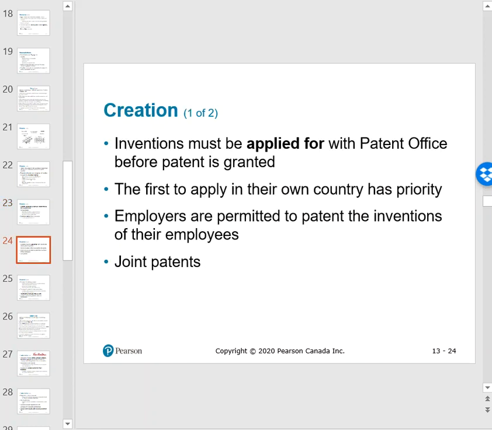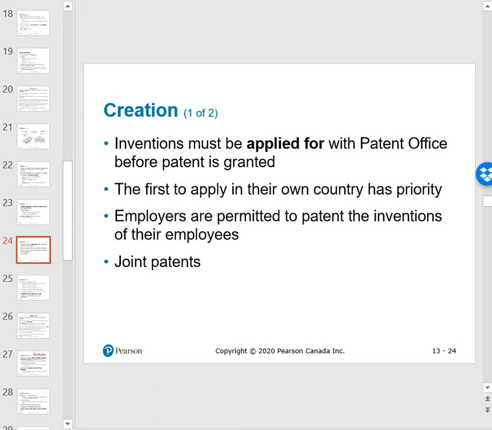Okay? So I told you that copyright protection is automatic. You may want to register for the reasons I've given you, but you don't need to. For patent, it is different. For patent, once you come up with your creation, your invention, you have to apply for patent protection.